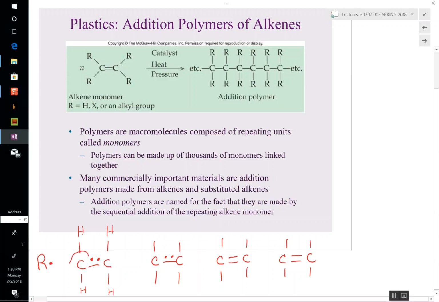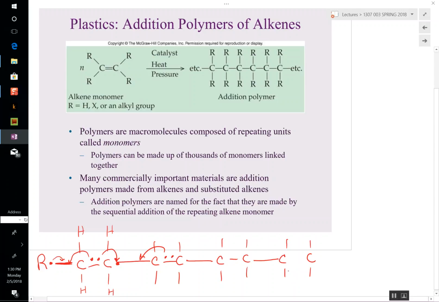So this electron comes in to pair up with this electron, and you get a bond.